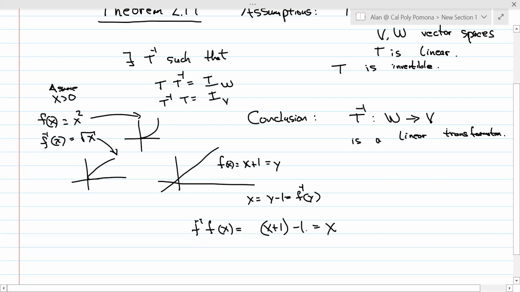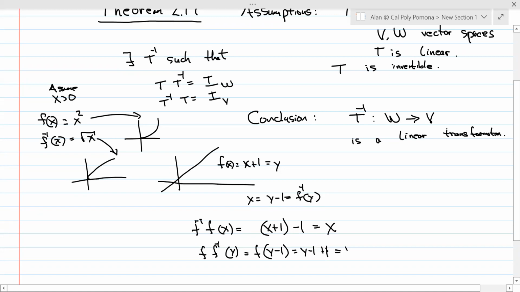Okay, so this is not a hard thing to verify. And you can verify that it works the other way around. If you were to take f inverse of y and then take f of this, f inverse of y is just y minus 1. And then if f works on that, what does f do to anything you give it? It takes it and adds 1 to it.